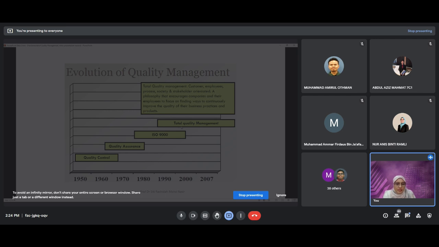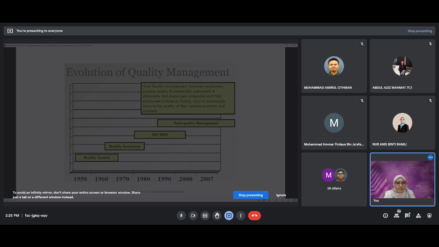And from 2000 onwards, total quality management was introduced and widely used. Total quality management is customer focused, involving employee commitment, process, society, and stakeholder orientation.